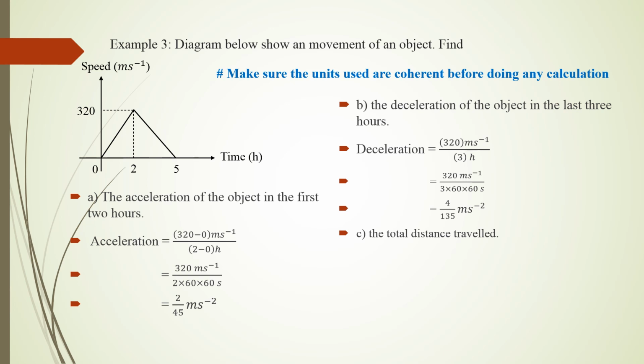C. The total distance traveled. Total distance traveled equals the area under the graph. For this graph, the shape is a triangle. So use the formula of a triangle to find: equals 1 over 2 times 320, the height of the triangle, times 5 times 60 times 60.